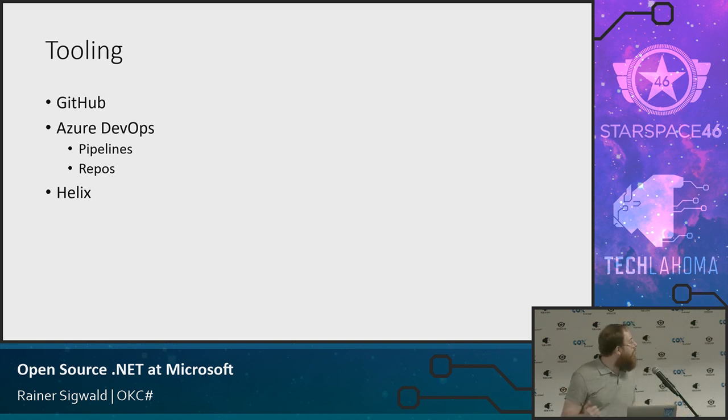There's also a custom tool called Helix that does some machine management. Most folks won't need this. Where it comes in really interesting for .NET Core especially is the cross-platform and especially cross-architecture support. There's no easy way to get an ARM64 machine in the hosted Azure DevOps environment.